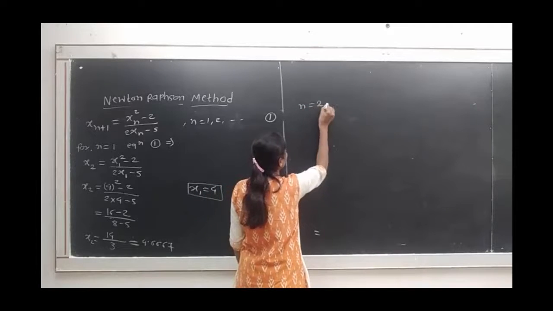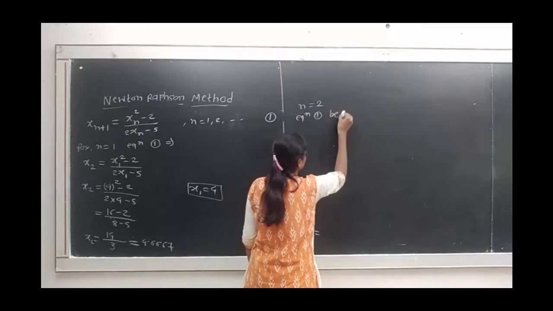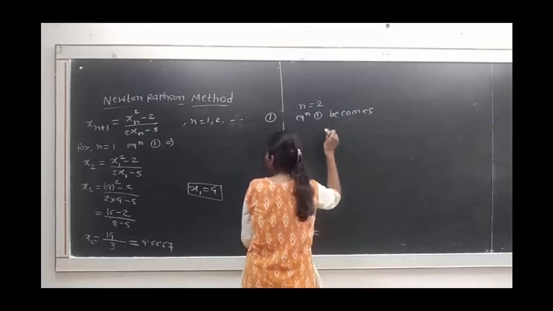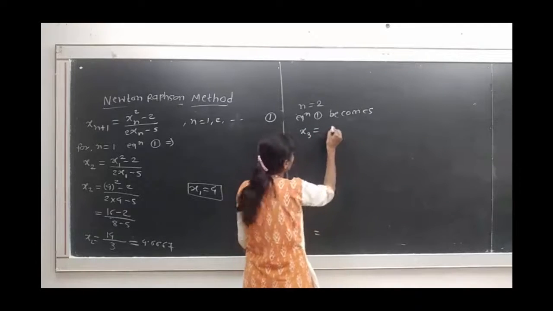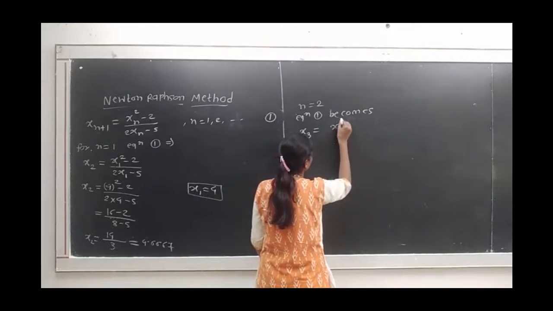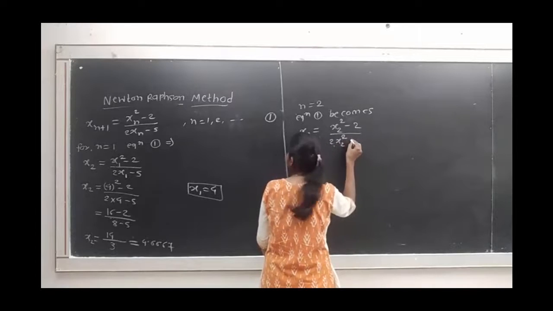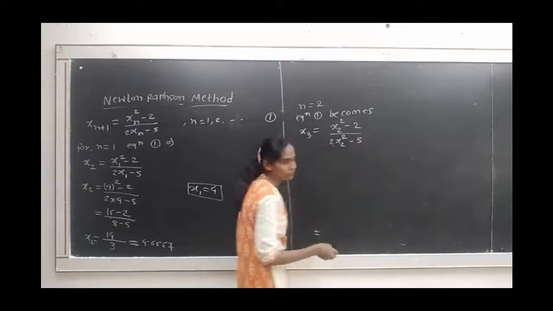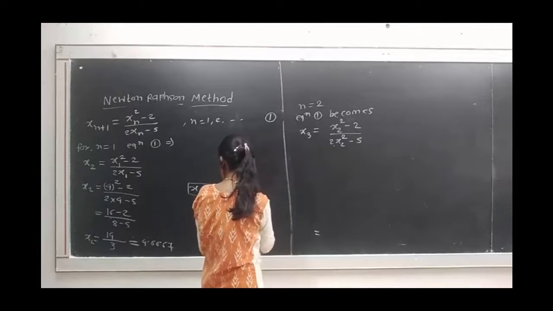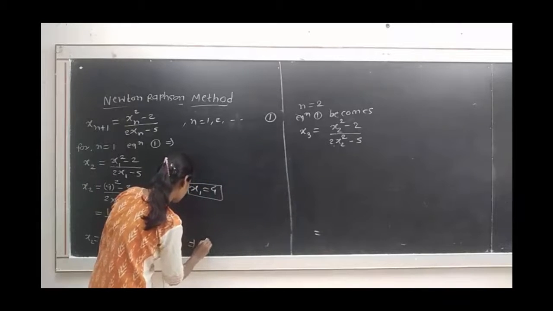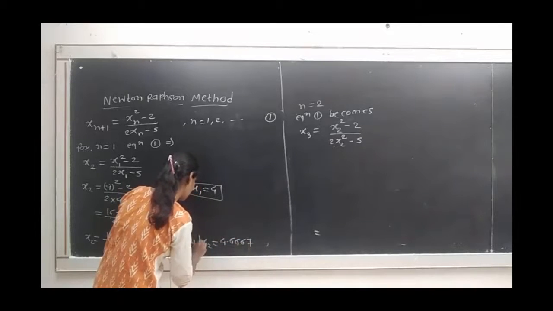Then for n = 2, equation number 1 becomes x3 = (x2 square minus 2) divided by (2 x2 square minus 5). Here the value of x2, the approximate root, is x2 = 4.6667.